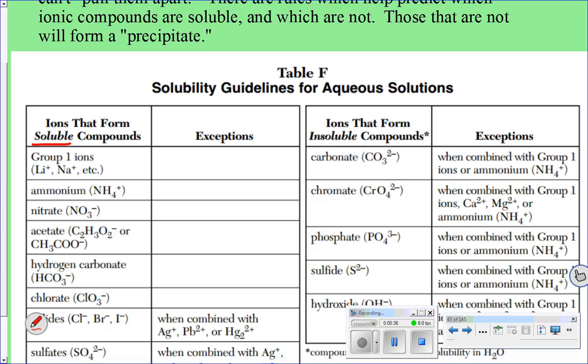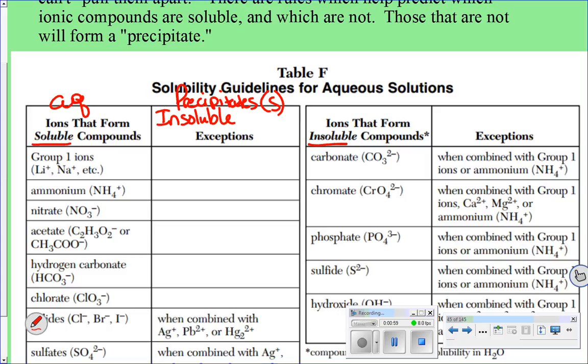So anything that falls under a category where it says soluble is obviously a soluble compound. This is going to stay in aqueous. Exceptions to being soluble would be insoluble compounds, which form what we call precipitates, which are solid.